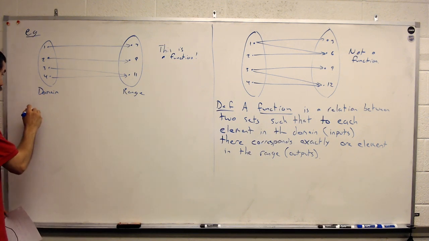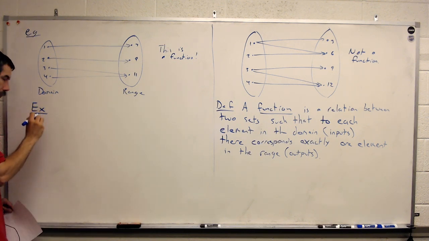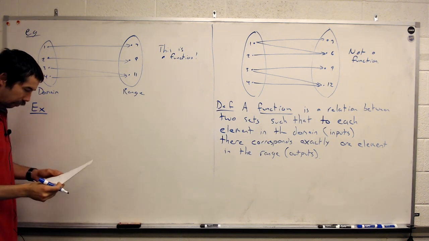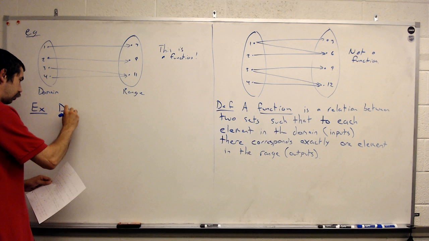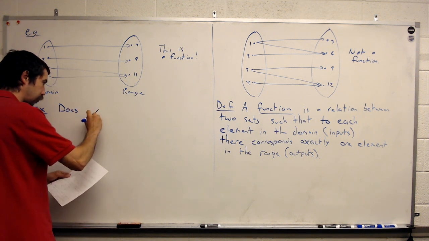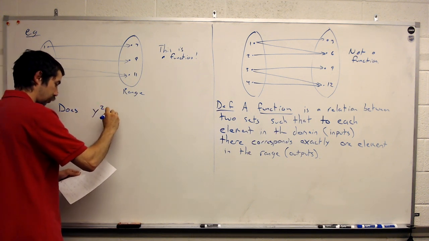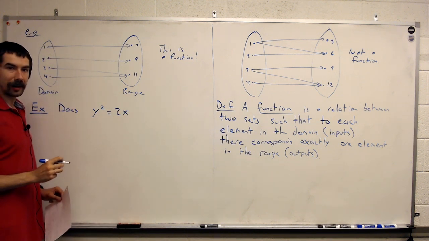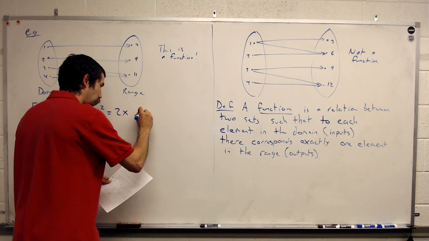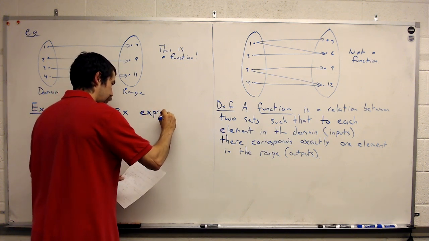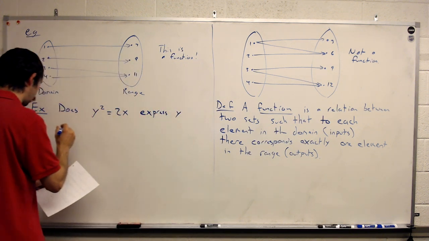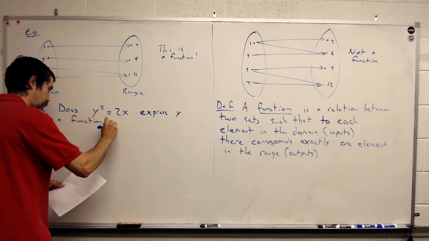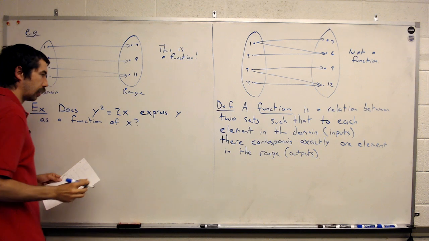Okay, so let's take a look at another example. And I encourage you to pause the video after I write out this example so you can try it on your own. But does the equation y squared equals 2x express y as a function of x?